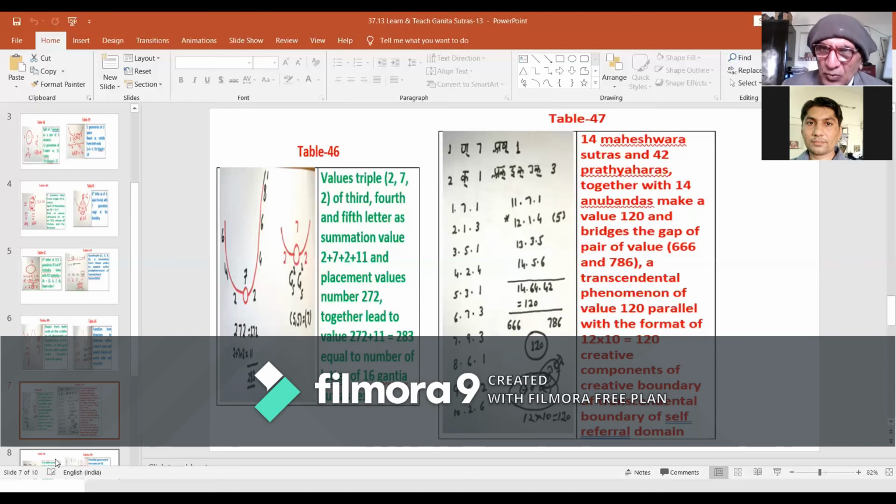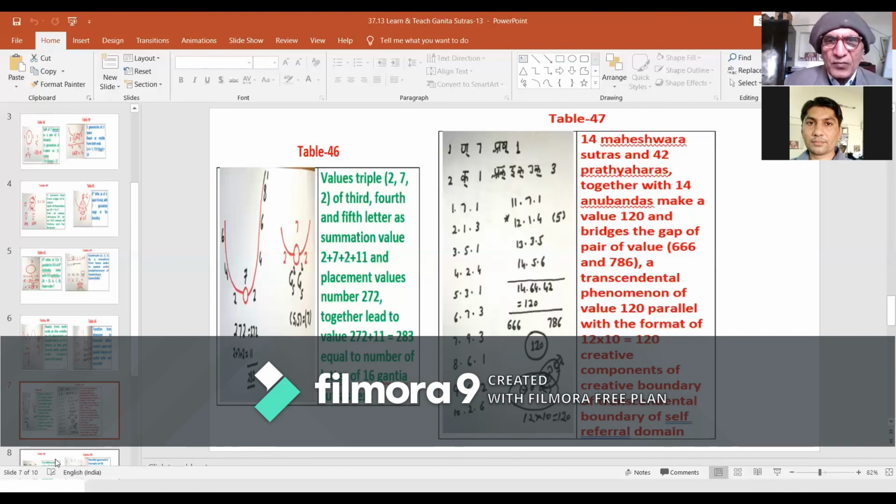These Maheshwara Sutras, 14 in number, are leading to pratyaharas, means internal expression ranges. These internal expression ranges as value streams parallel with the geometric formats are being tabulated here.